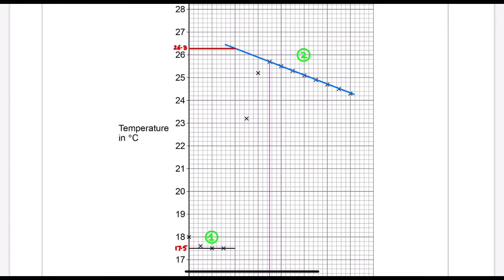We will extend the line and we can see that the temperature at 4 minutes is 26.3 degrees Celsius, which is the maximum temperature at 4 minutes, whereas the minimum temperature at 4 minutes is 17.5. The difference between these two temperatures is going to give me the temperature change at 4 minutes. So we need to subtract these values and the answer is 8.8 degrees Celsius.